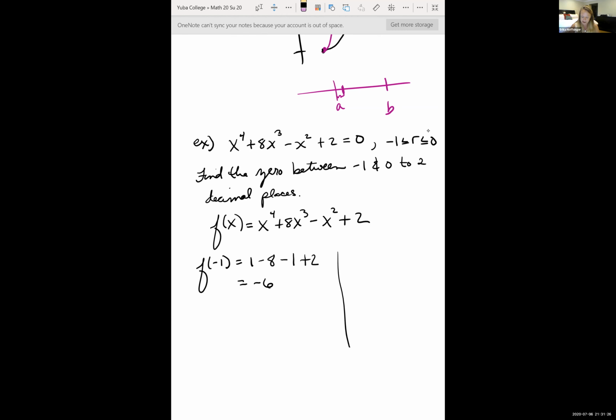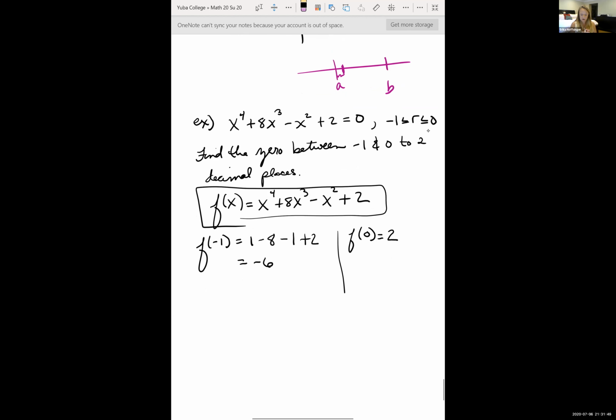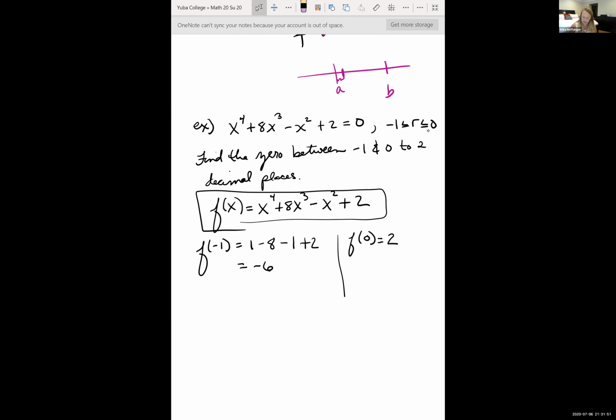I just want to show that f of 0 should be a positive number. If you plug in 0 for x here, we get back our constant, which is 2. So this theorem, Intermediate Value Theorem, says there has to be a number between -1 and 0. So let's split this up.